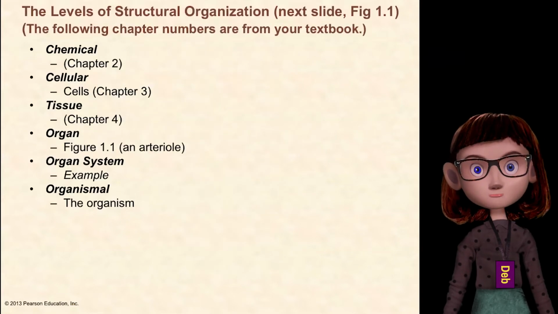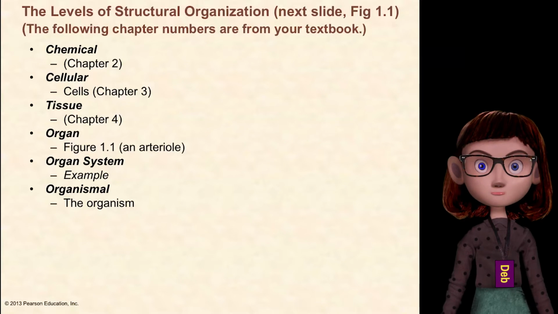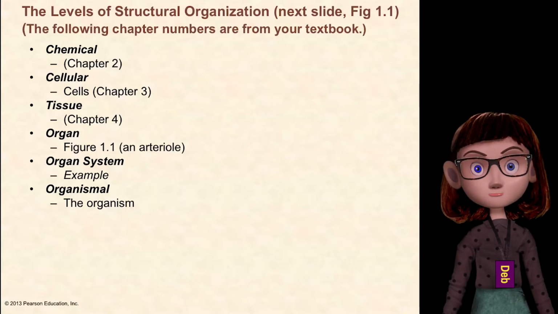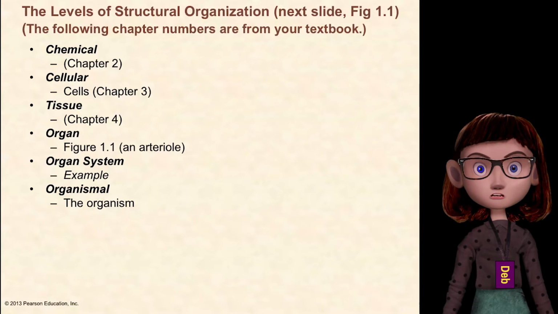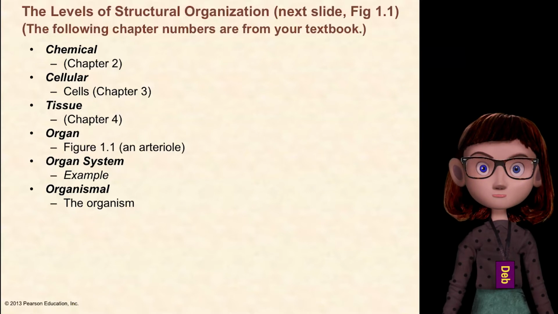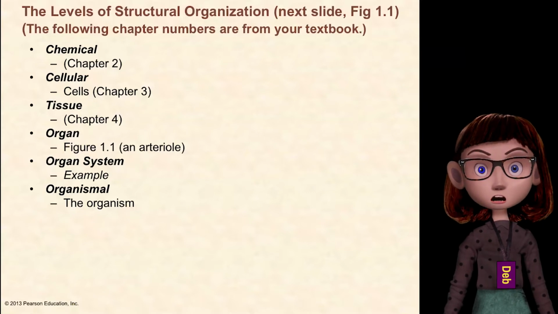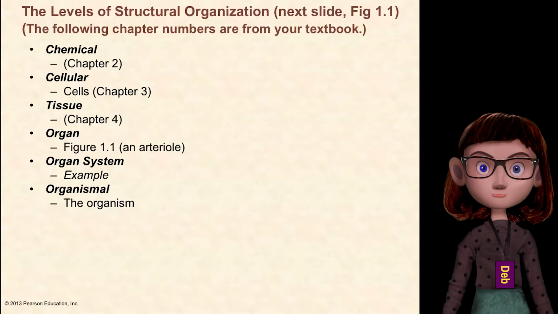In your textbook, the first few chapters are going to start out, starting with Chapter 2, on the chemical level. And we're just going to have a review of basic chemistry. Chapter 3 is the study of cells. And then Chapter 4 is the study of tissues.